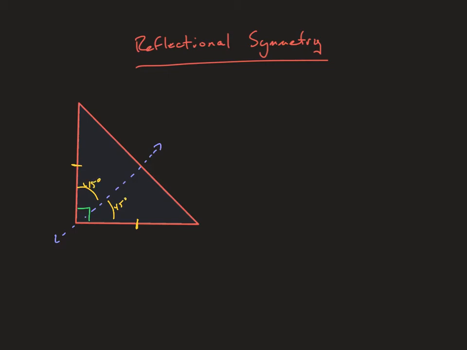So what I can do is take this and flip it over to this point right here. Fold it in half, and then it's going to be sitting on itself and look something like that, and the other piece would have folded out. So that is reflectional symmetry.